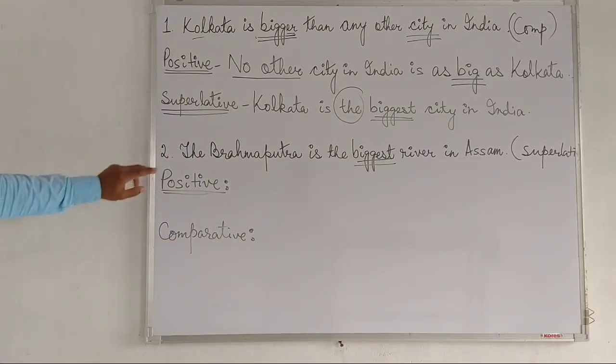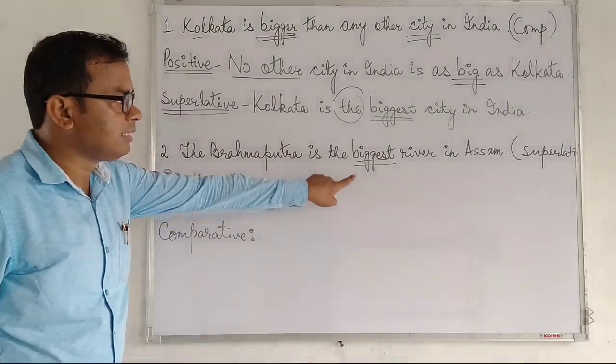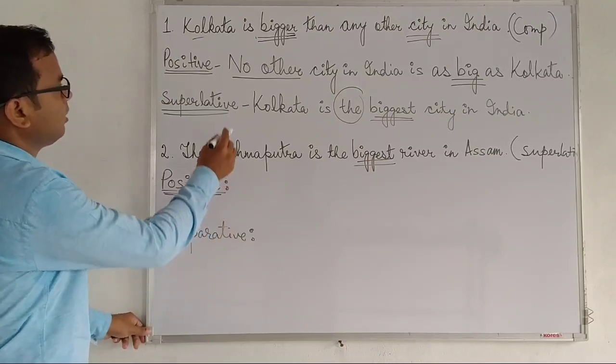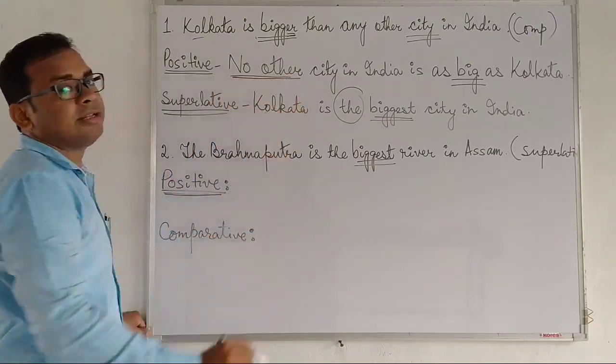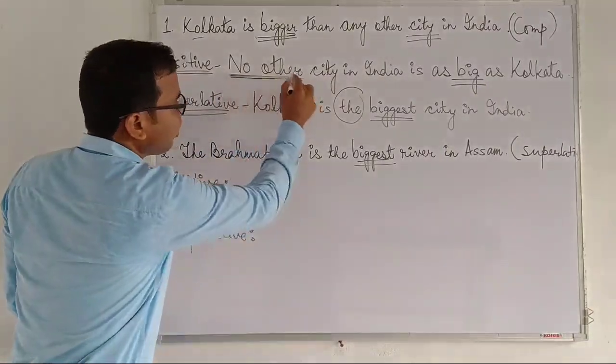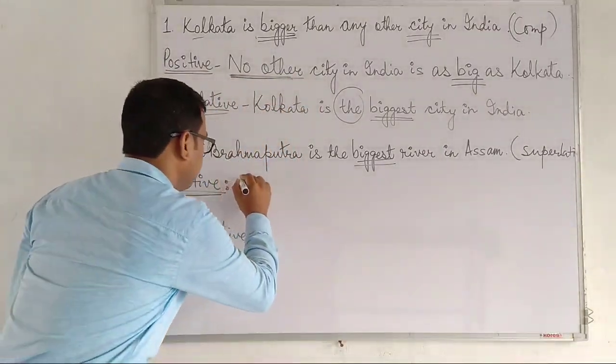So first of all, let us do it in positive degree. The Brahmaputra is the biggest river in Assam. In case of positive degree, we will start the sentence with no other. So let us start.